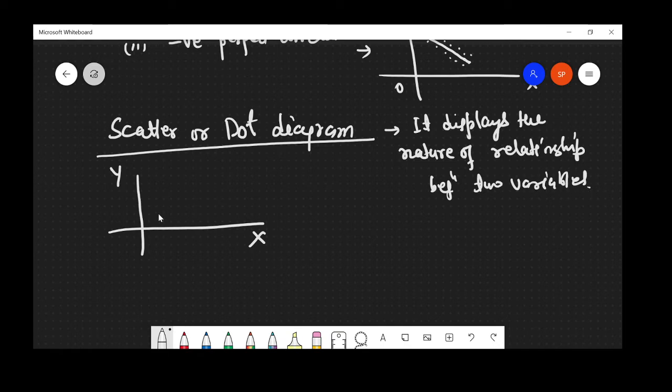So in this case we have seen that this represents the positive correlation.